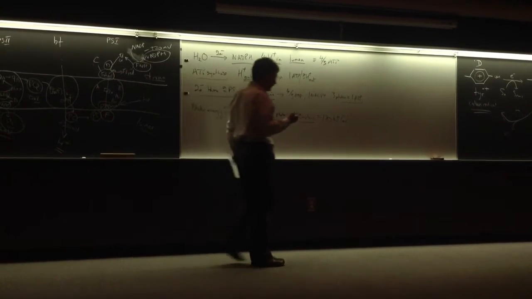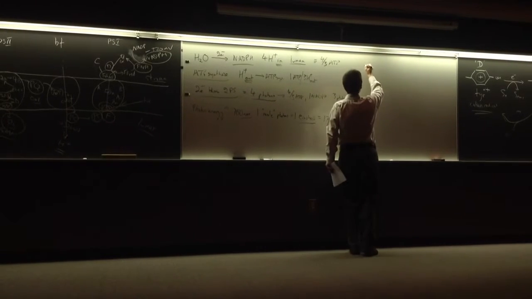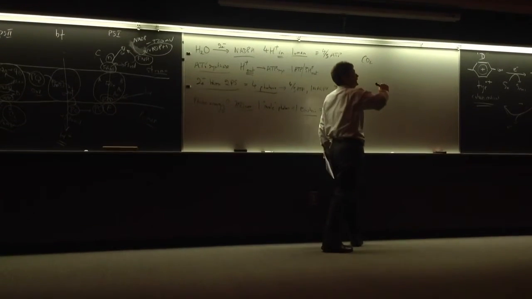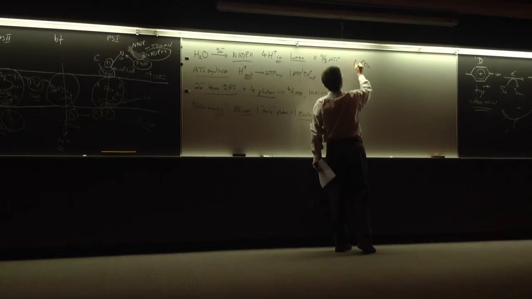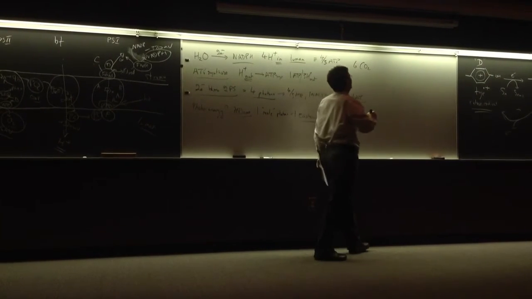Okay, so how much energy do we need to convert CO2 to glucose? And this is what we'll be dealing with in the whole next lecture, so just take it on faith for a moment.